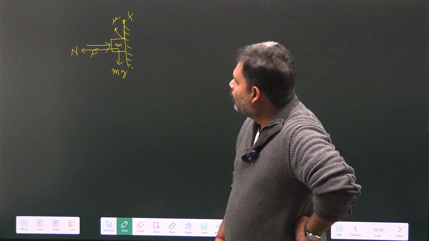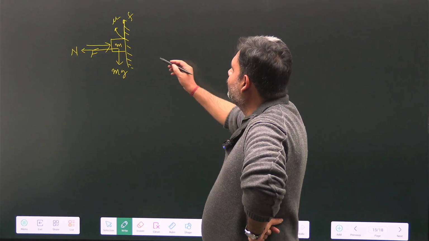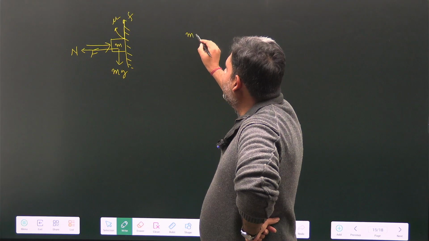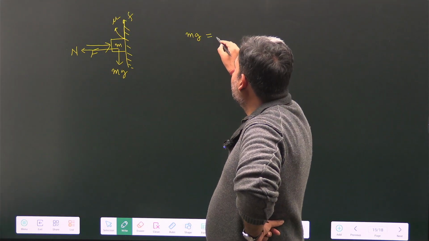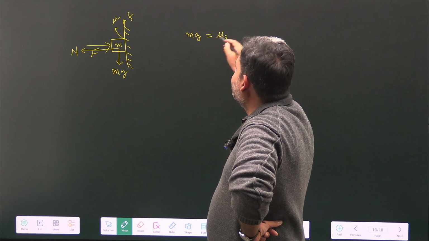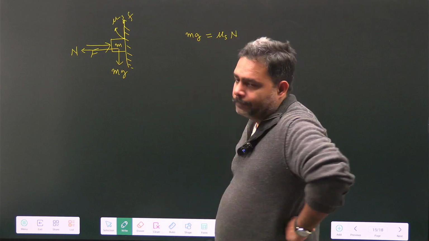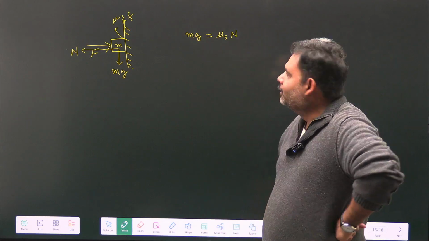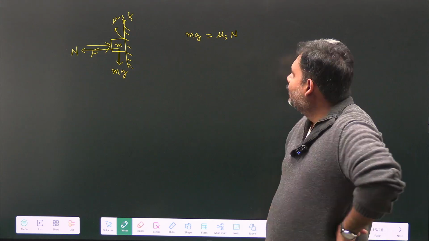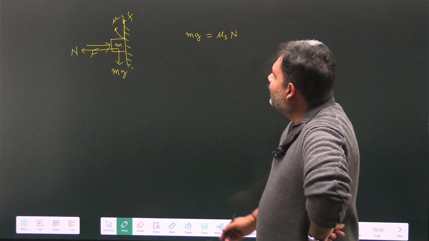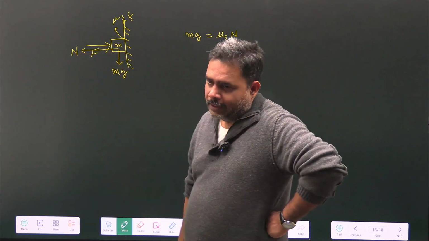Okay, so what will happen? So you have to just take a condition. So for the limiting case, mg must be equal to mu s, and this is your static friction, mu s into N. Yes, mu s into N. Agreed? Now, what will be N? So, obviously there is not any motion in the horizontal direction.